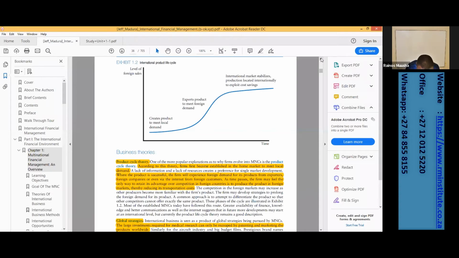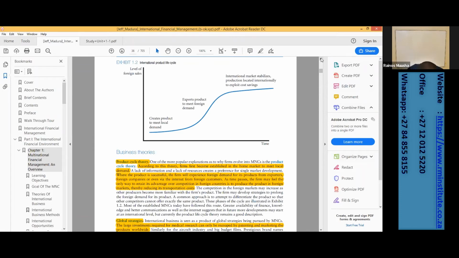According to this theory, firms first become established in the home market to meet local demand. A lack of information and a lack of resources creates a preference for single market development. Where the product is successful, the firm will experience foreign demand for its products from exporters, foreign companies, or even via the internet from foreign customers.